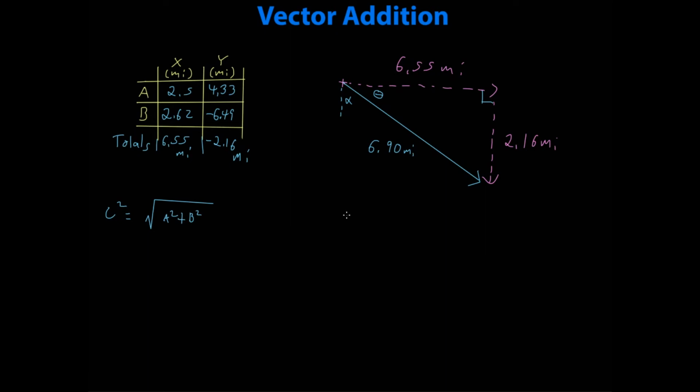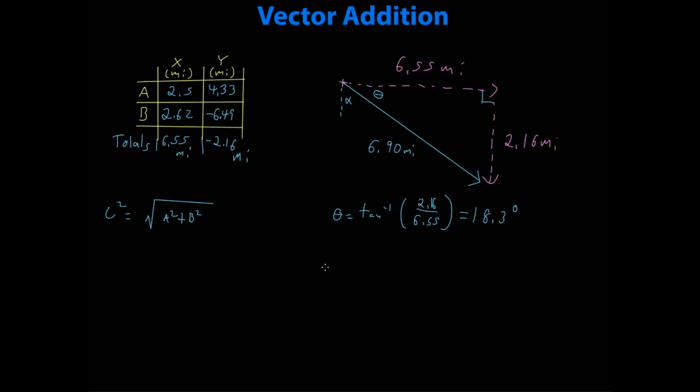Then I'm going to use inverse tangent to get theta. So it's inverse tangent, 2.16 miles over 6.55 miles. The units will cancel, and I will have an angle of 18.3 degrees.